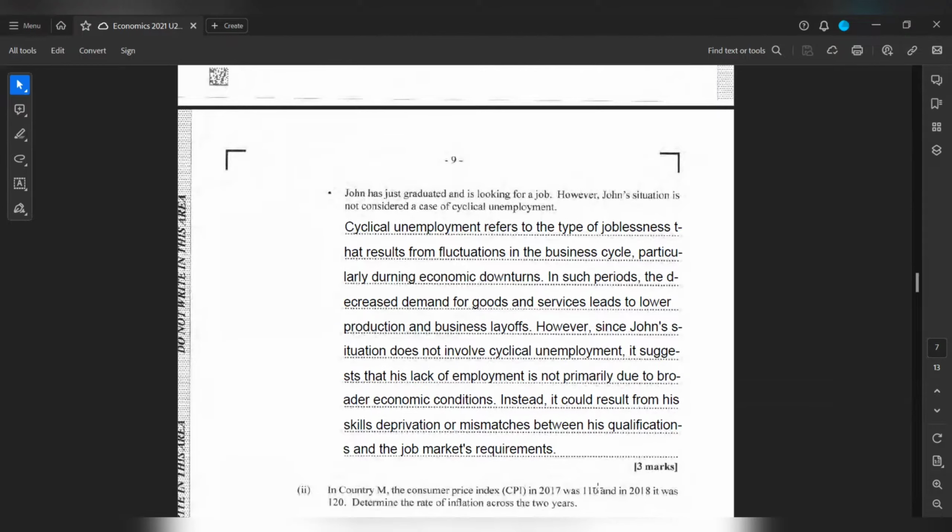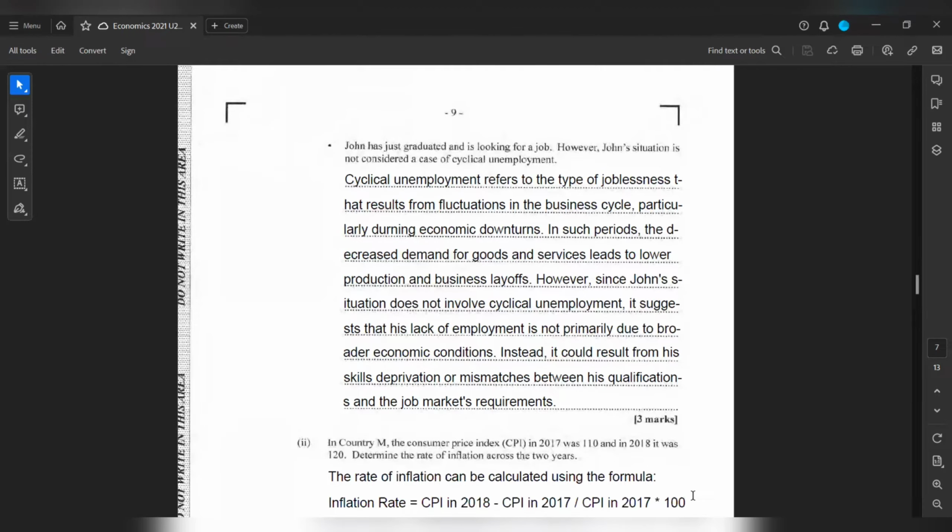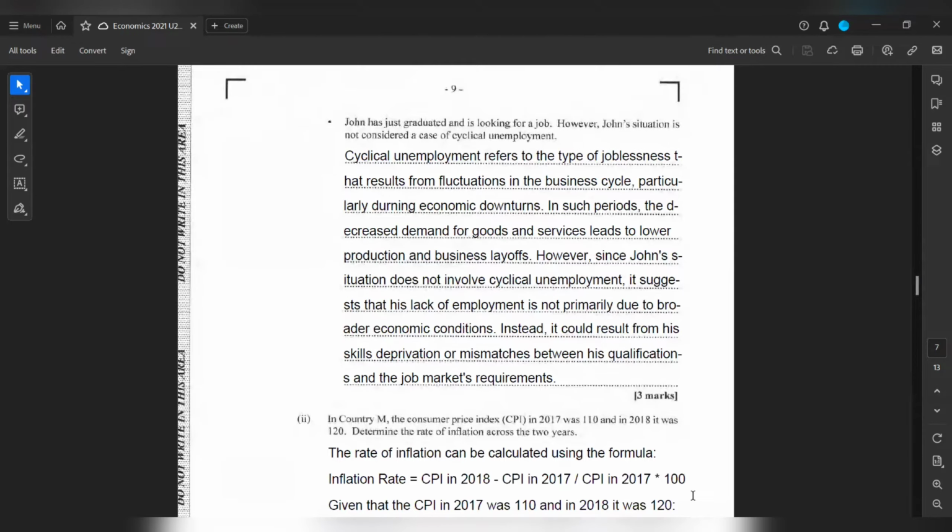In country M, the consumer price index, CPI, in 2017 was 110 and in 2018 it was 120. Determine the rate of inflation across the 2 years. The rate of inflation can be calculated using the formula: inflation rate is equal to the CPI in 2018 minus the CPI in 2017, divided by the CPI in 2017, times 100.